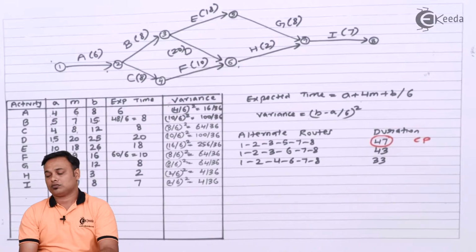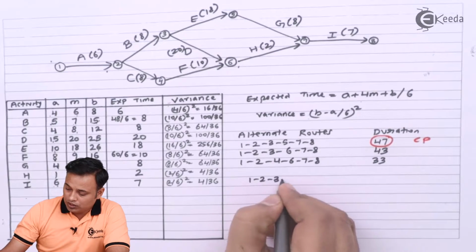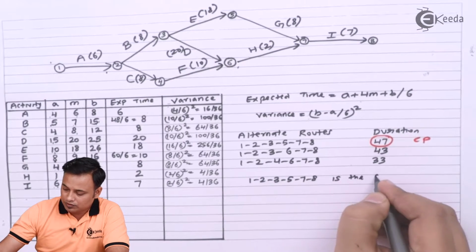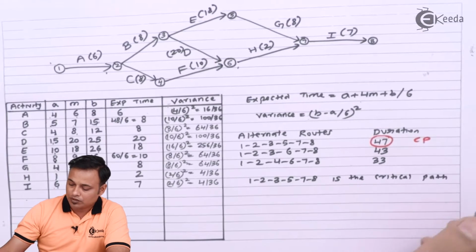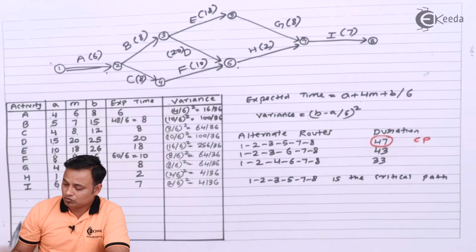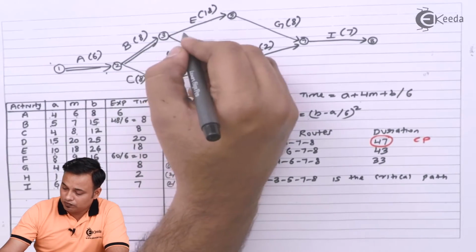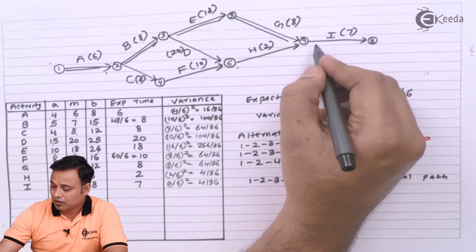So I'll note down 1 2 3 5 7 8 is the critical path. 1 to 2, 2 to 3, 3 to 5, 5 to 7 and 7 to 8.